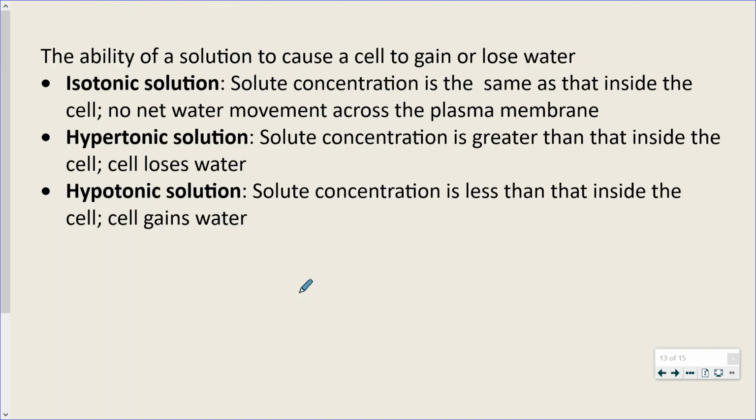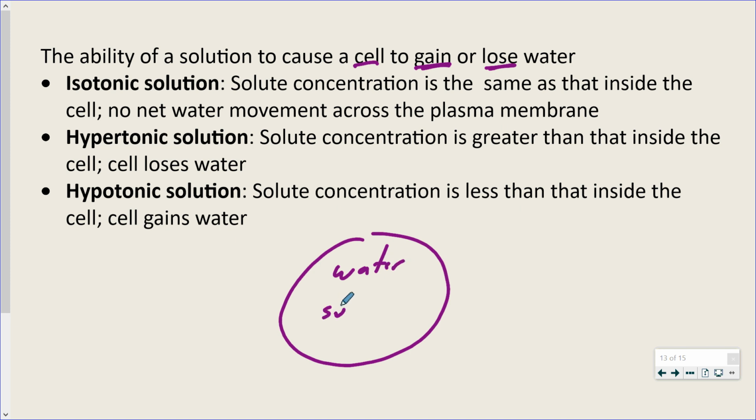A little bit more terminology to finish things off here, referring specifically to the movement of water. A cell can have the ability to either gain or lose water depending upon the environment that it is placed in. Inside of a cell, there will be water, but there will also be solute.